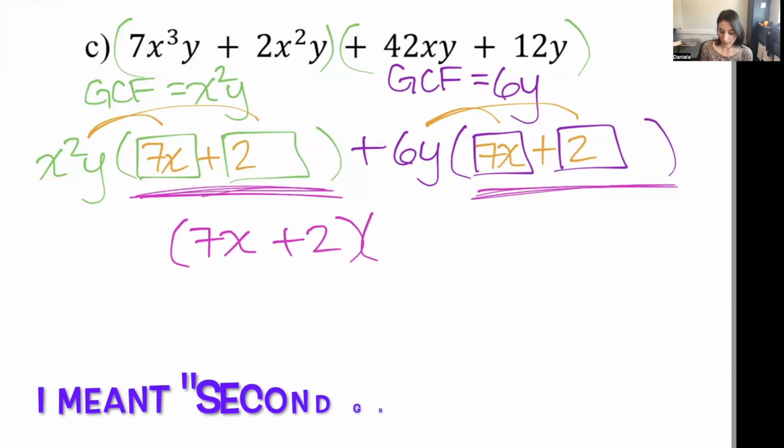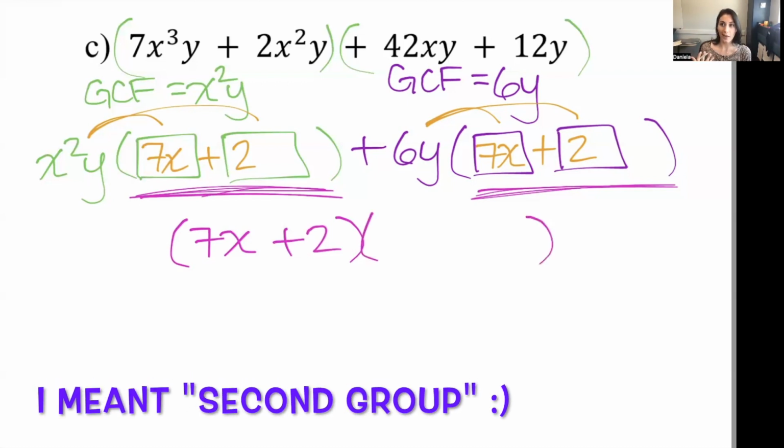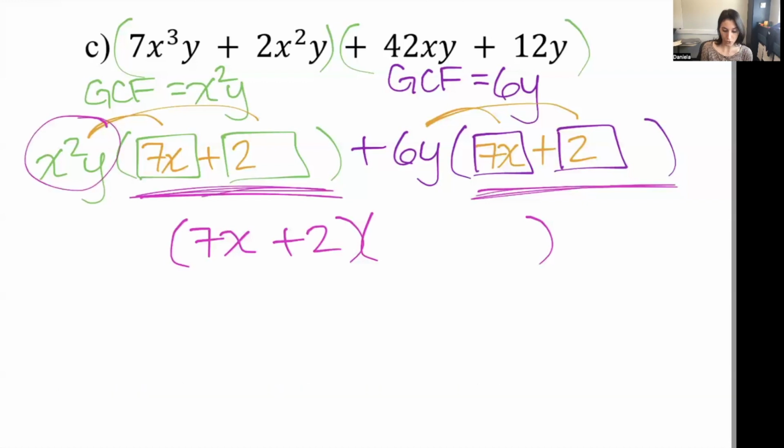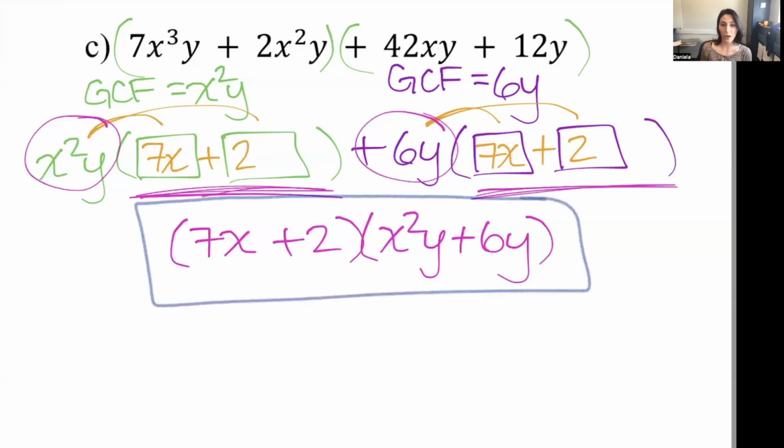And then in the second parentheses, I like to just circle what's left. So it's going to be x squared y plus 6y. I'm not going to do it here, but it turns out that if you were to FOIL or use the distributive property, and you maybe have to rearrange it a little bit, you do get back the original.